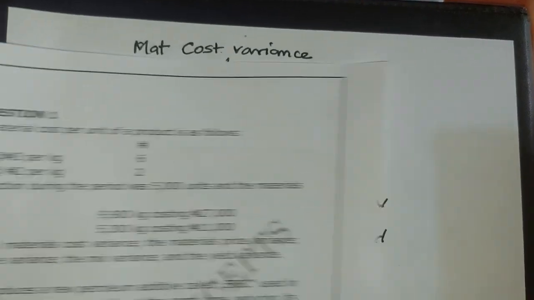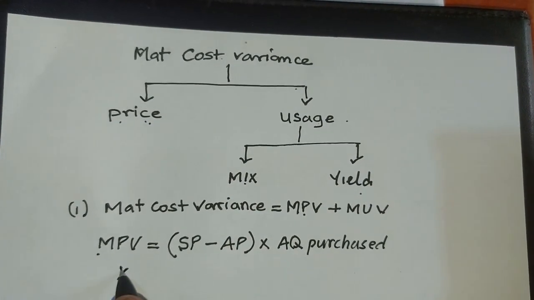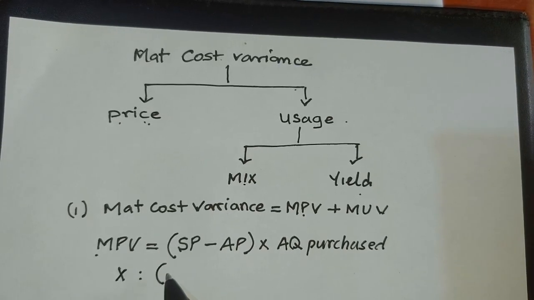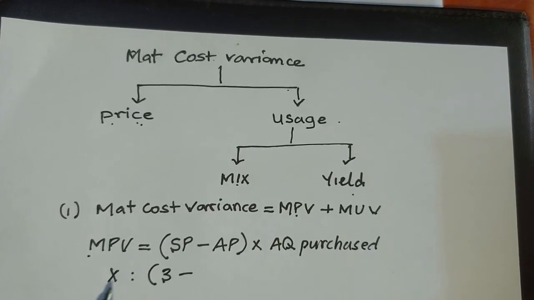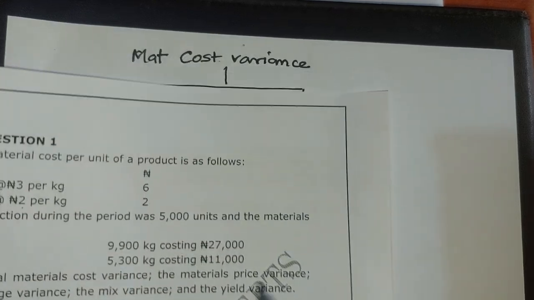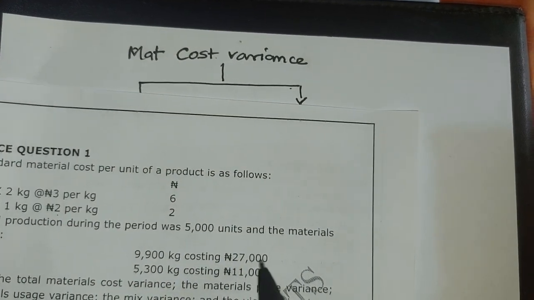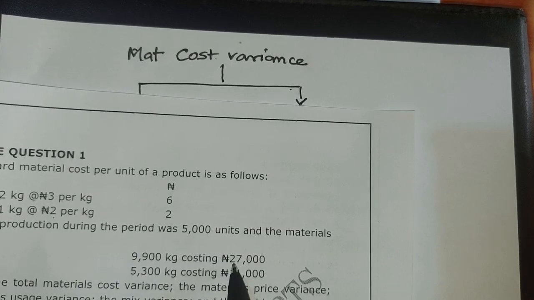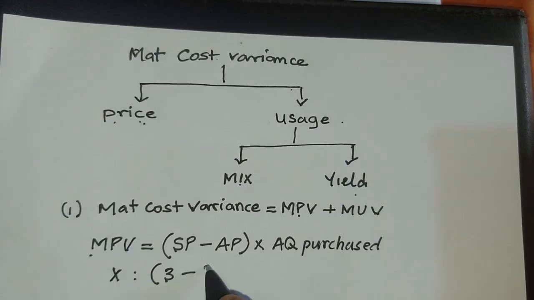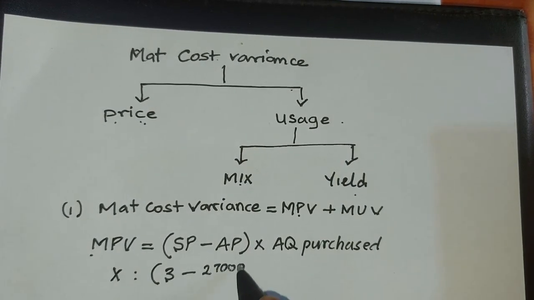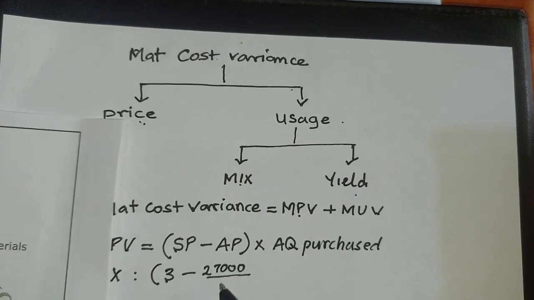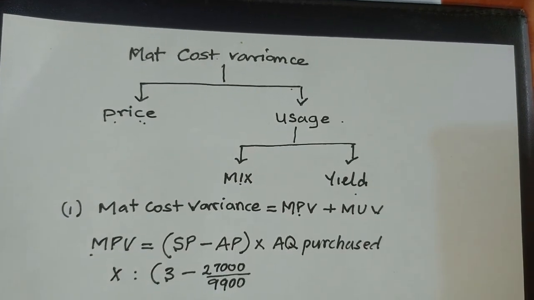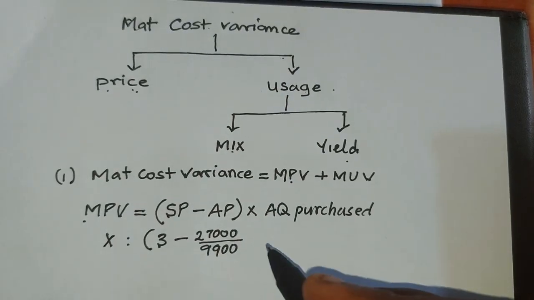So let's go for material X. We have the standard price of 3 naira minus the total cost of material X purchased, which is 27,000, divided by the actual quantity purchased, which is 9,900.